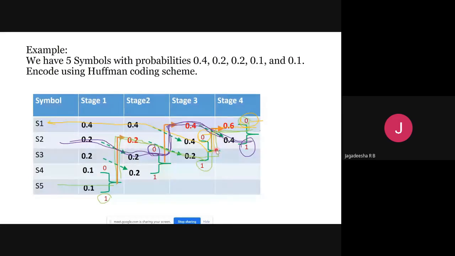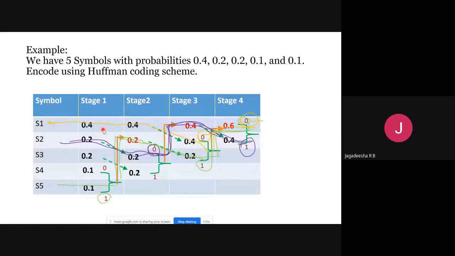So why did we do that? Instead, we could have considered highest probability first, right? We have not done that because our intention is to represent the symbols with the lowest probability with a large sequence of code. The symbols with the highest probability, we want to represent by a limited number of bits.